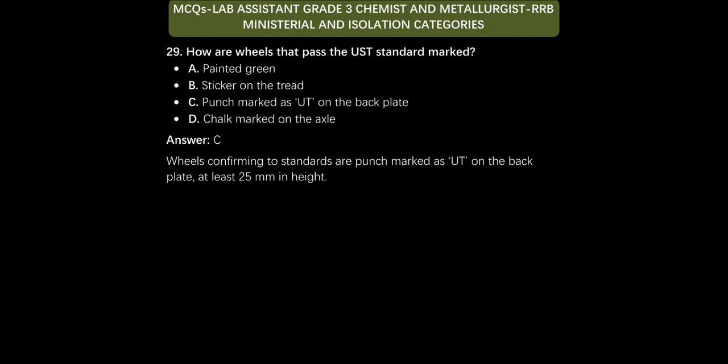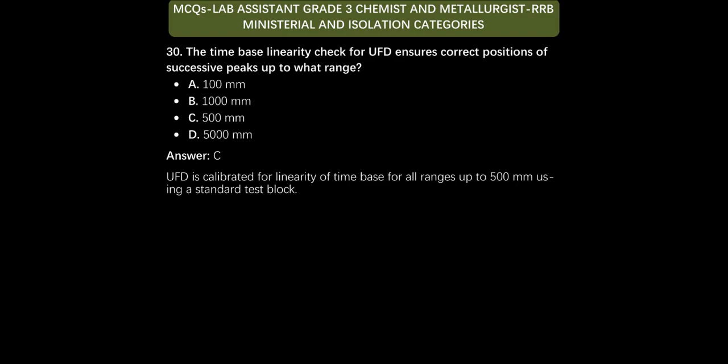Option C, punch mark as UT on the back plate. The time base linearity check for UFD ensures correct position of successive pickups up to what range? Option C, 500 mm. Thank you.